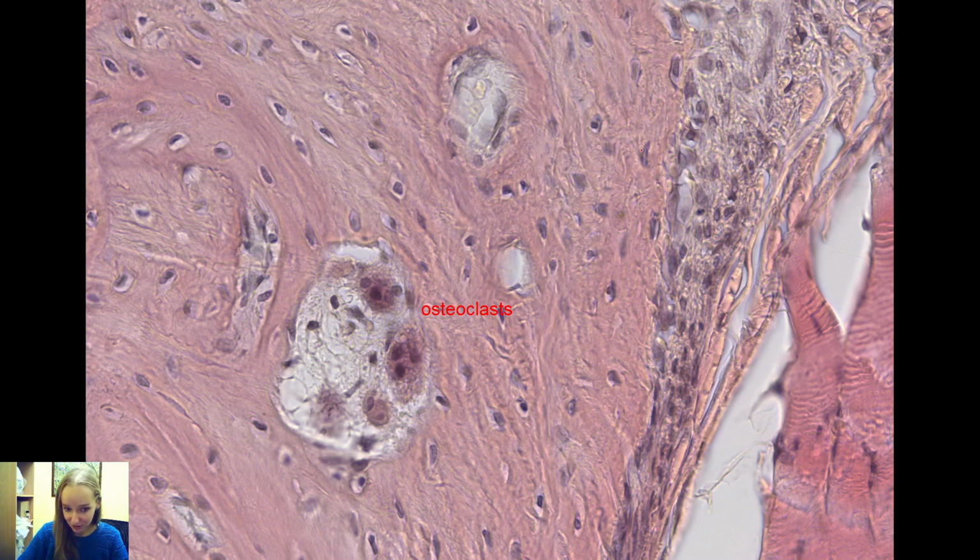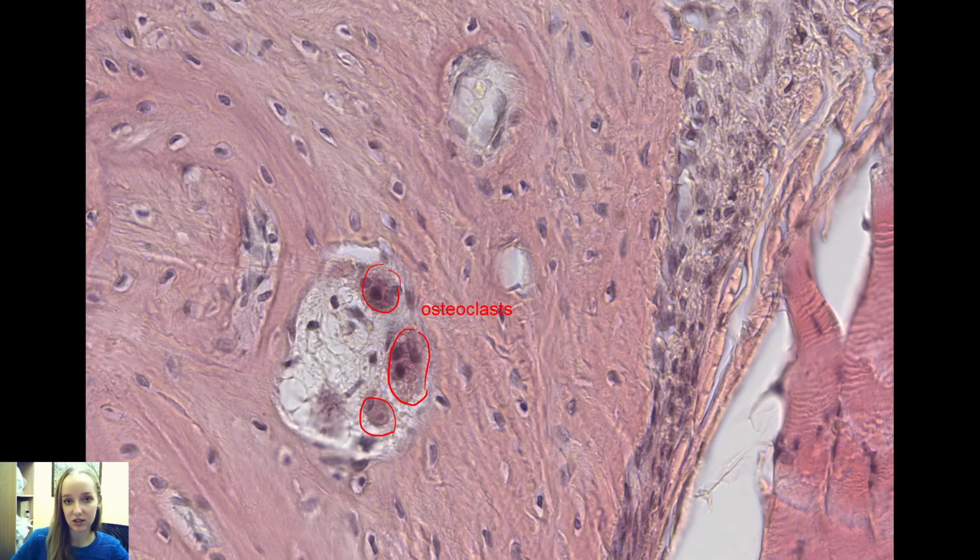In this photo, we can see osteoclasts right here. So here is a nice osteoclast, and maybe a third one, just a little bit smaller, or it's sectioned not so well as these two. We can see multinucleated cells here, and the cytoplasm of these cells is eosinophilic.